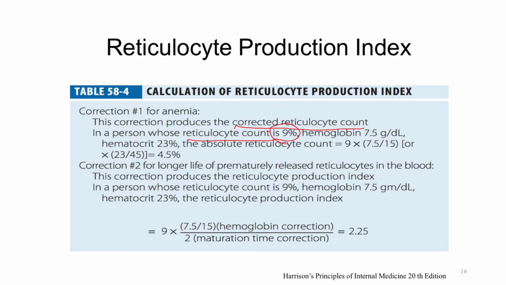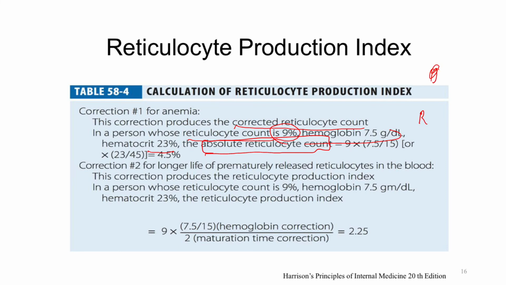For example, a person whose reticulocyte count is 9%, hemoglobin is 7.5 grams, and hematocrit is 23. First we have to calculate the corrected reticulocyte count.